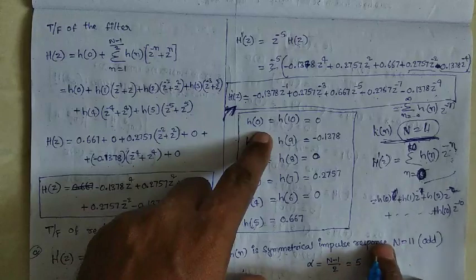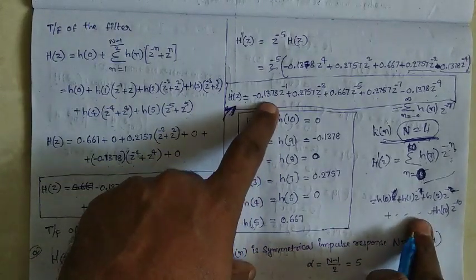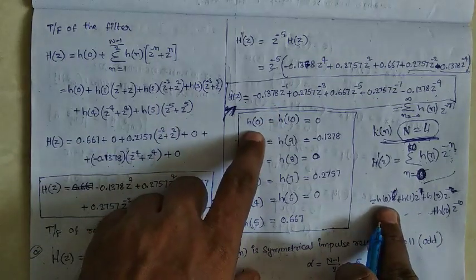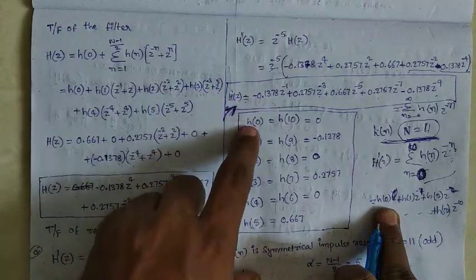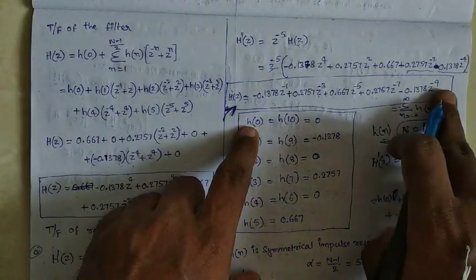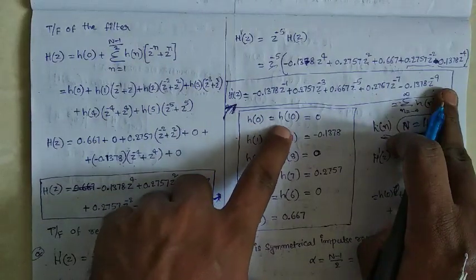Here we are comparing this equation with this equation. Here h of 0 value is what? H of 0 is 0. Similarly h of 10 is also 0. Here h of 0 is equal to h of 10 is equal to 0.